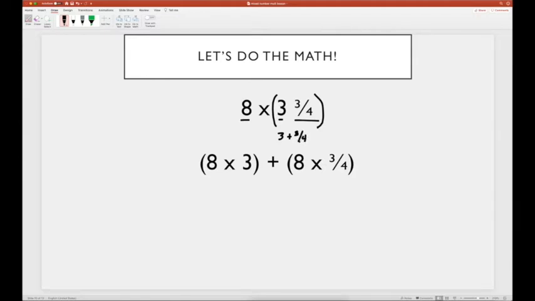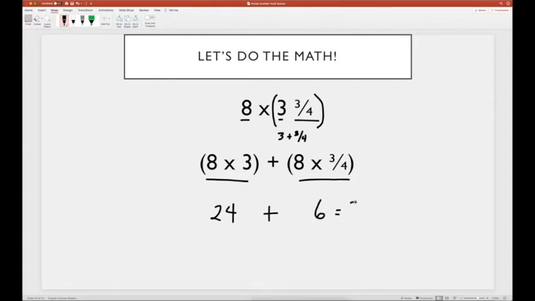And then we're going to distribute it over to the 8, right? So we have 8 times 3 and 8 times 3/4. Okay, so we know 8 times 3 is, and that's right, 24. And 3/4 of 8, or 8 times 3/4, is going to be, yep, 6.